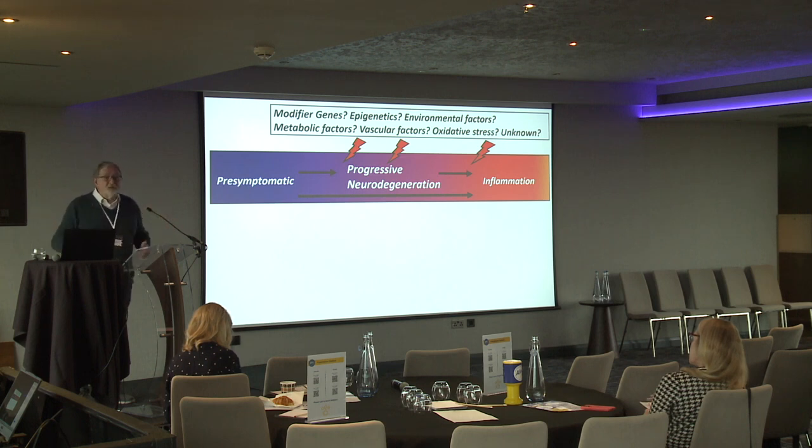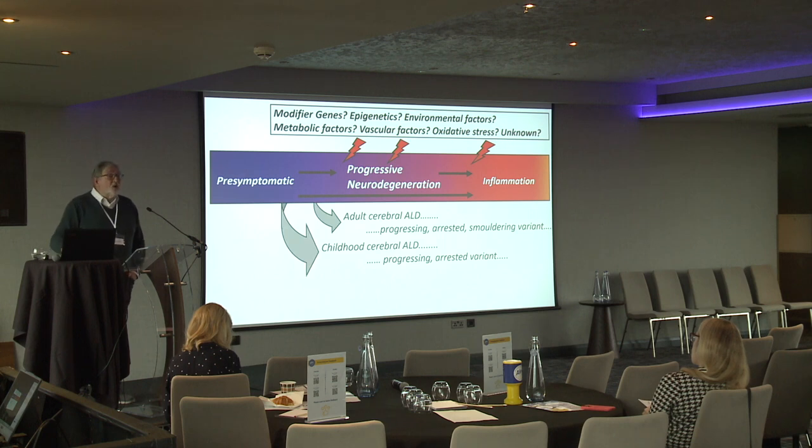that children at a certain age get inflammation, or adults at various ages get cerebral inflammation, but most likely there are some modifying factors, which I'm coming back to a little bit later in my talk, that are causing inflammation of the brain in cerebral adrenoleukodystrophy.